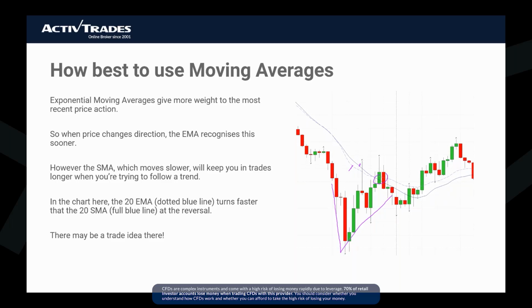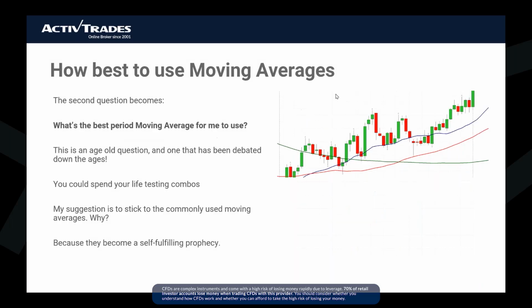Now, I appreciate I'm an experienced trader, and so as I said, I'm able to read price beforehand. But I do recognize that if you're at the start of your journey, people maybe attach more weight to moving averages because they are waiting to try and understand price action itself.